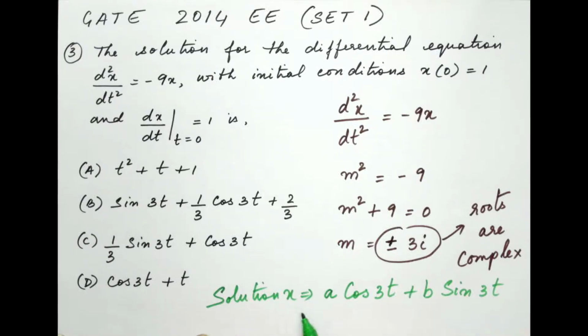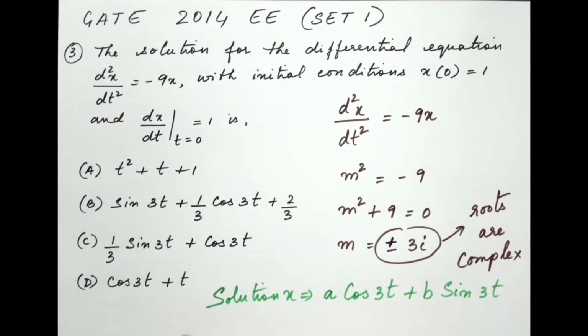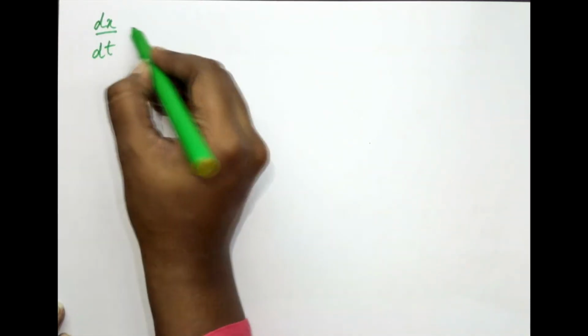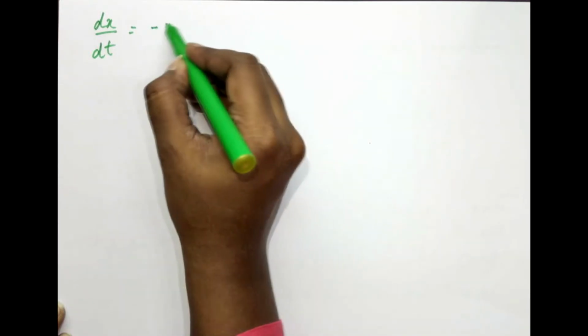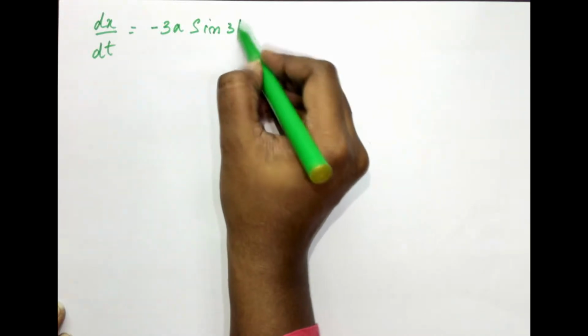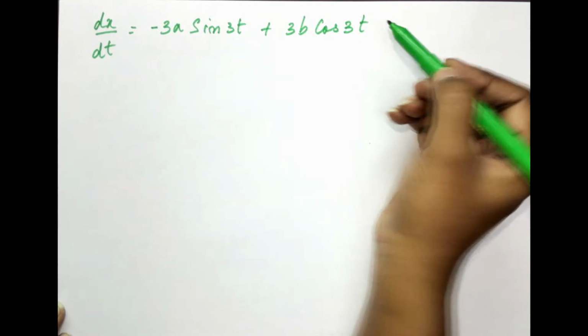Since our solution is in the form of a trigonometric function, let's find the first derivative of x, that is dx by dt. The first derivative, dx by dt, is written as minus 3a sine 3t plus 3b cos 3t.